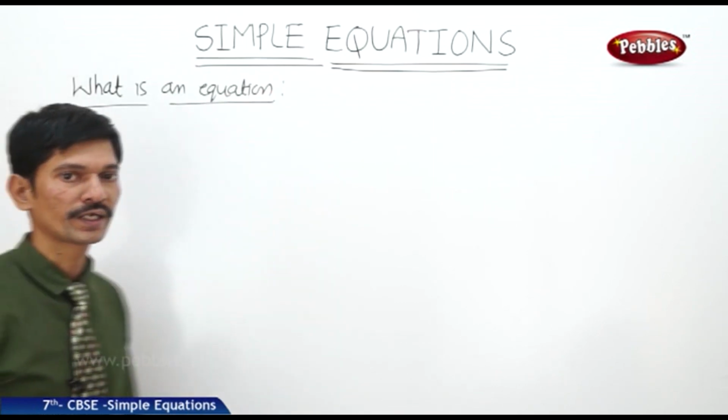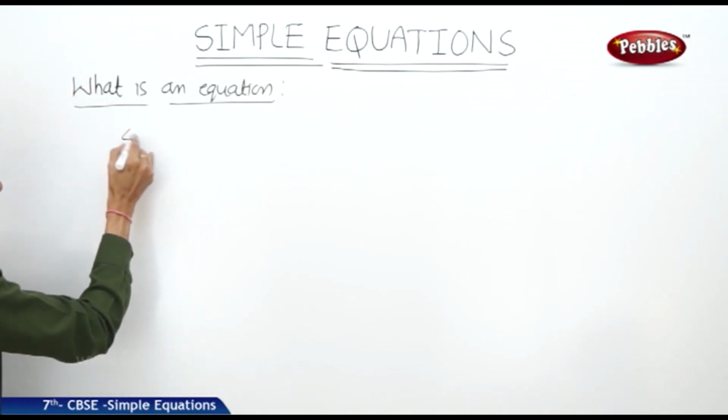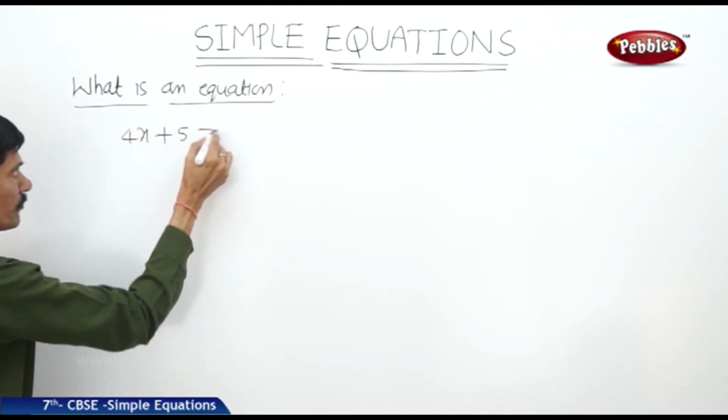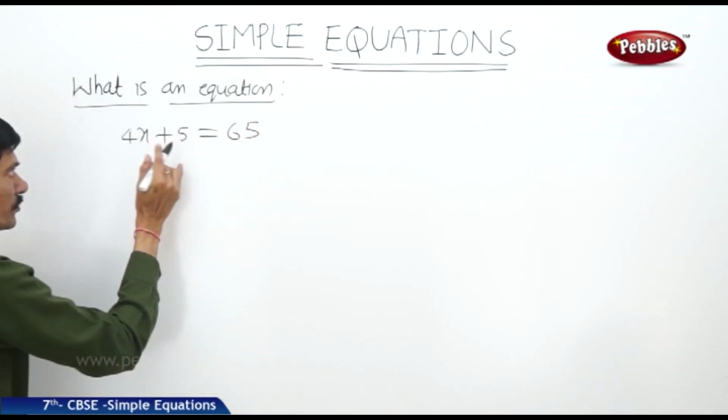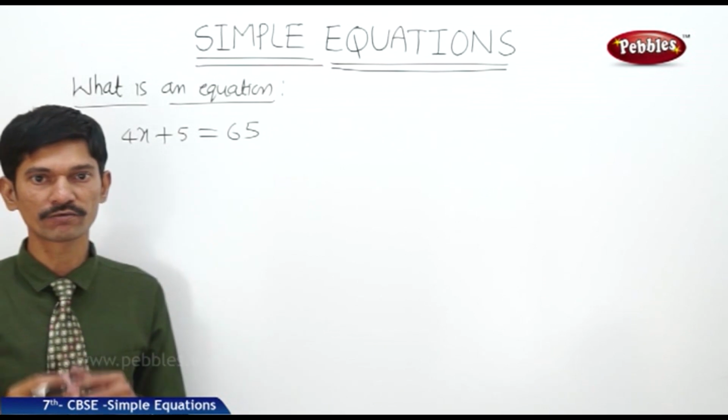Now if you consider any equation, it contains an equality sign. For example, 4x plus 5 equals 65. So there is an equality sign in any equation.